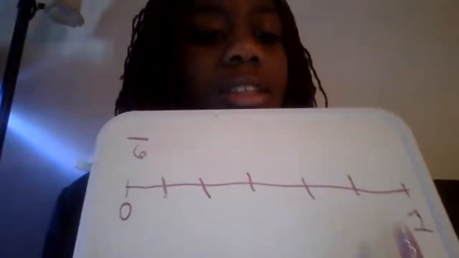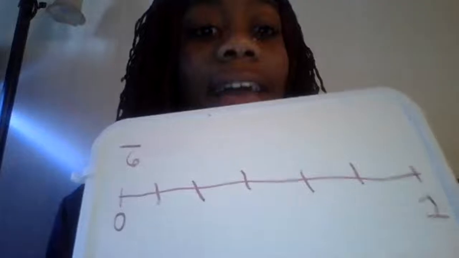That means my denominator is going to be 6. So now I know my denominator has to be 6 because I have 6 ticks after the 0.